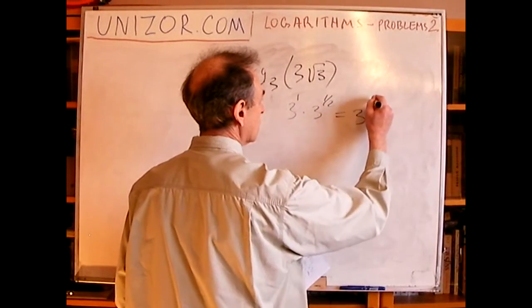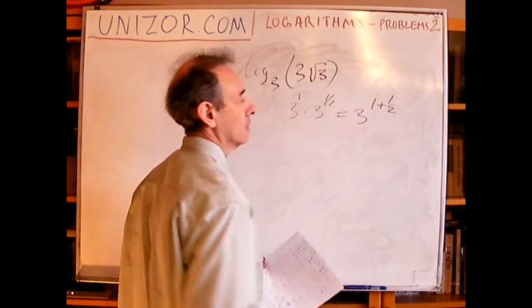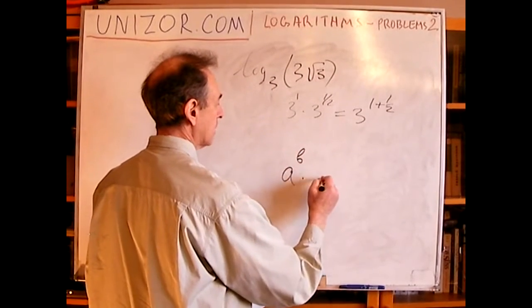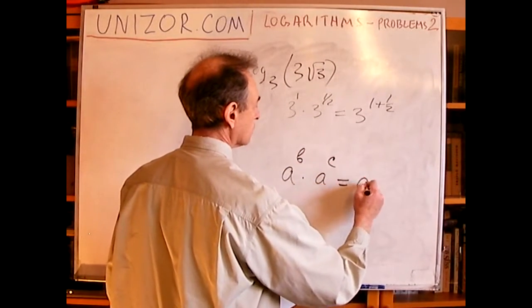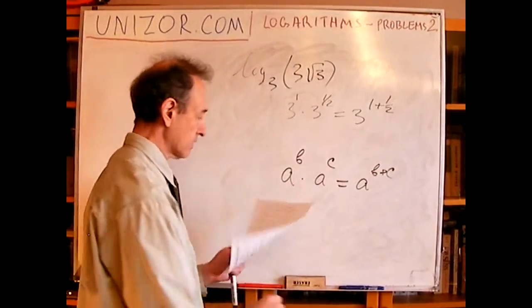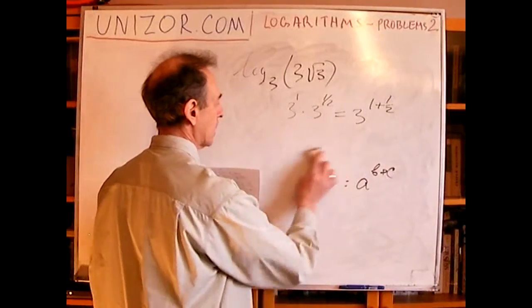So this is 3 to the 1 plus 1/2. I hope you remember this. A to the power of b times a to the power of c is equal to a to the power of b plus c. Okay, this is one of the fundamental properties of exponential functions.